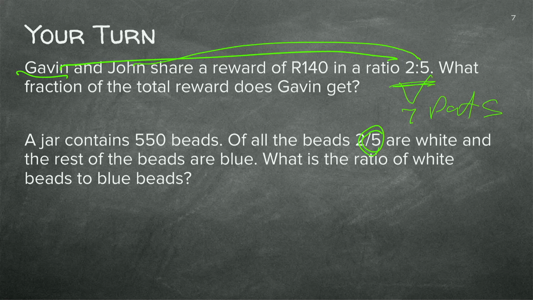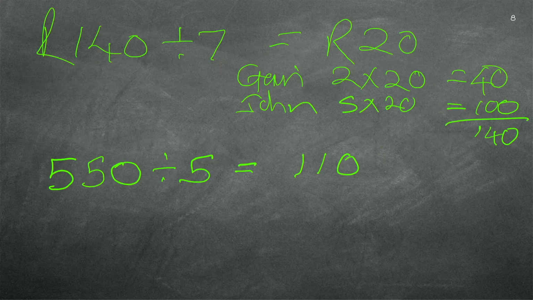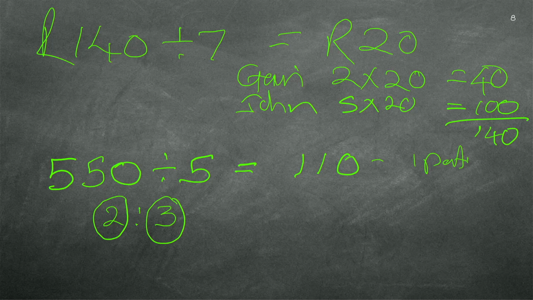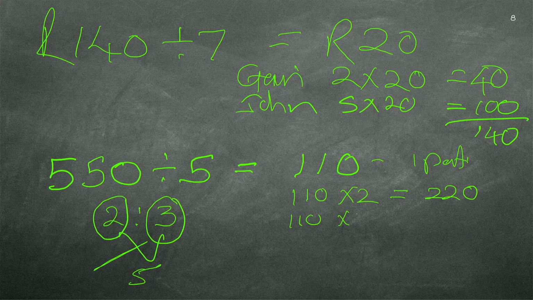What is the ratio of white beads to blue beads? So we're just going to work this out. 110 is one part. If it's 2, in order to make it 5, we know that the other one will be 3. Remember, they said 2 out of 5 is white. So 110 times 2 will give us the white beads, and 110 times 3 will give us the blue beads.